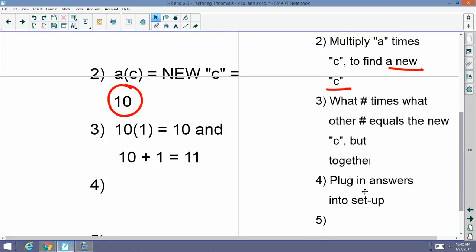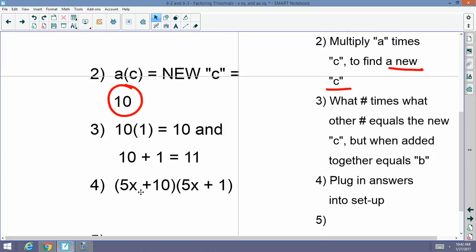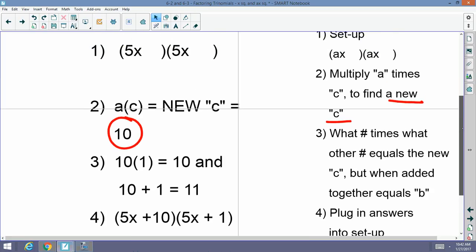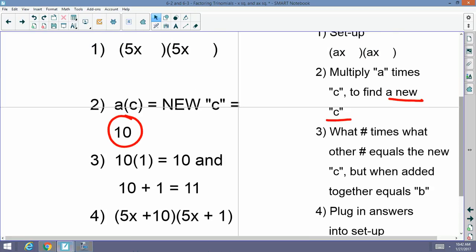So step 4, plug it in. So I got 5x plus 10 times 5x plus 1. I'm going to stop right there because I know I'm going fast, and I want to make sure that everyone has this up to step 4. I'm going to pause right now.